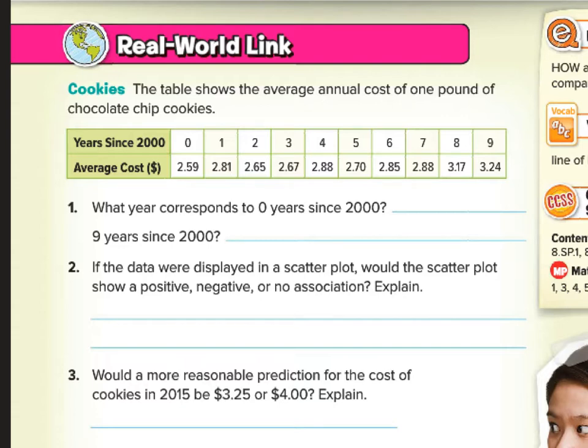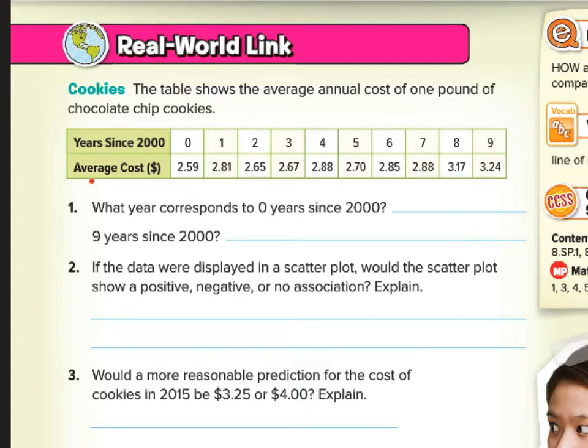Please follow along. Cookies. The table shows the average annual cost of 1 pound of chocolate chip cookies. Since the year 2000, okay, this being the year 2000, then year 1, year 2, year 3, and so on, up to, I guess, the year 2009, we have an average cost that you can see is increasing, not always increasing actually, it decreased here and so on. Okay, so the information is scattered.